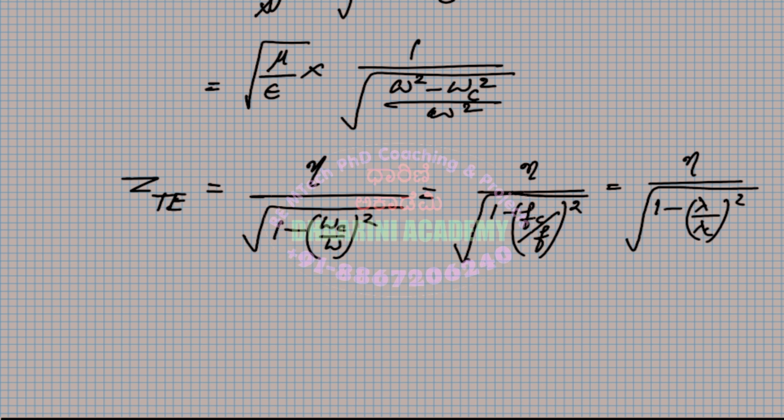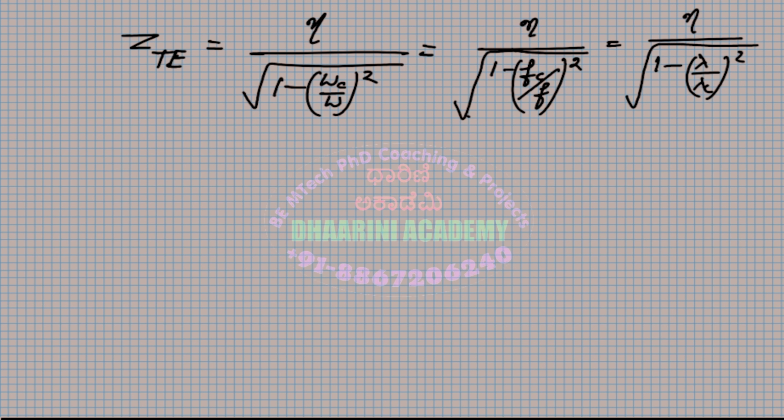These are the three equations corresponding to the wave impedance of the transverse electric mode of wave propagation. But remember one point, we have discussed this in electromagnetic waves. Every electromagnetic wave we studied in that chapter is only TEM.